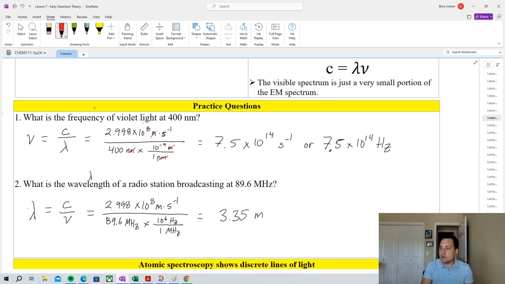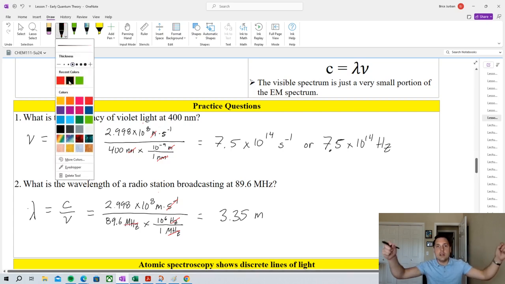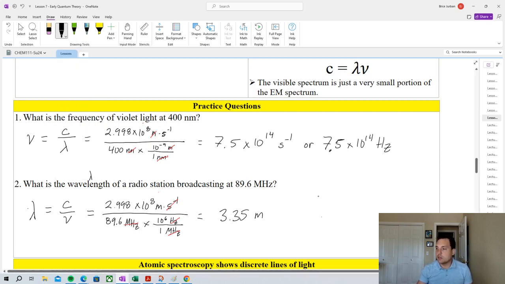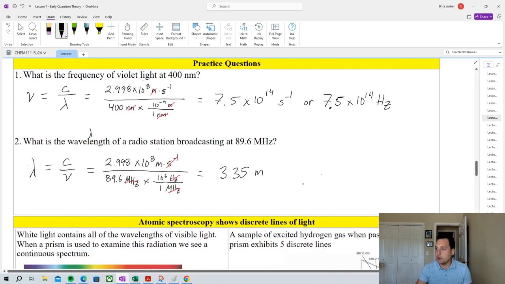When we're canceling out units here, inverse seconds is the same as a hertz, and then a megahertz and a megahertz cancel out. Okay, so those are very long waves that are traveling. That's part of the reason we need a very long antenna to detect the radio frequency waves that are coming through the air.